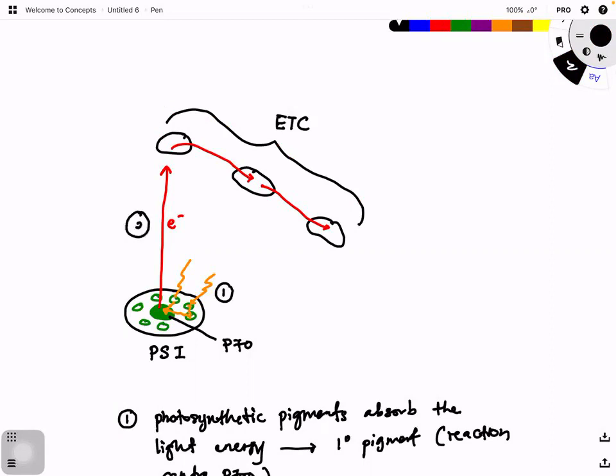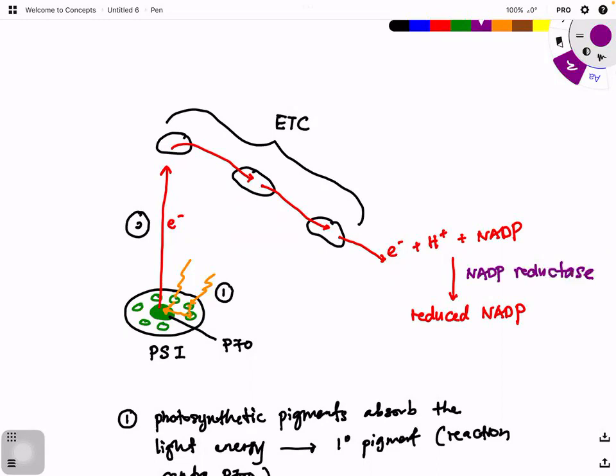Until this electron is received by who? These electrons now, together with the hydrogen ion and the NADP, form reduced NADP. The enzyme involved here is NADP reductase. So this is the third process.